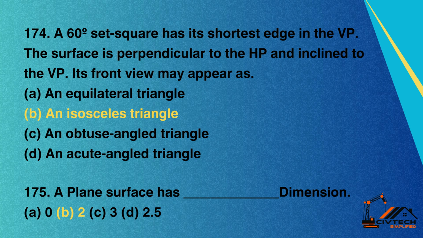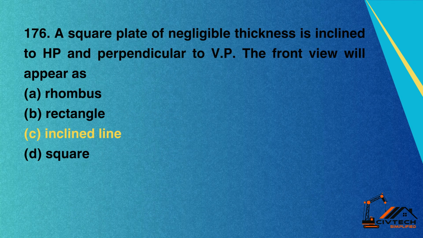Correct option, B, an isosceles triangle. 175. A plane surface has chi dimension: A, 0, B, 2, C, 3, D, 2.5. Correct option, B, 2.